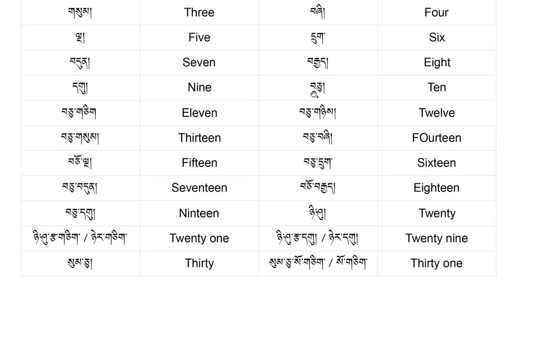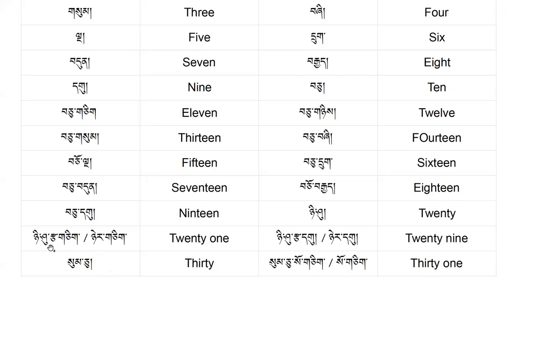Actually, chu comes with this pa. But when we add it as the second syllable of a number, if the first syllable has a suffix letter, we will not write the prefix pa. Instead, we'll just write chu. So sumchu, 30.